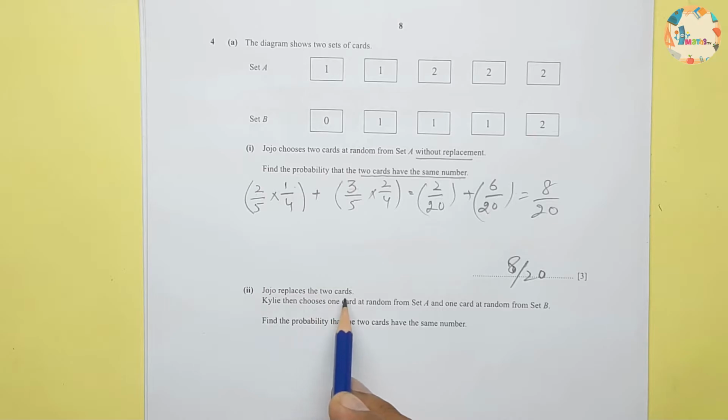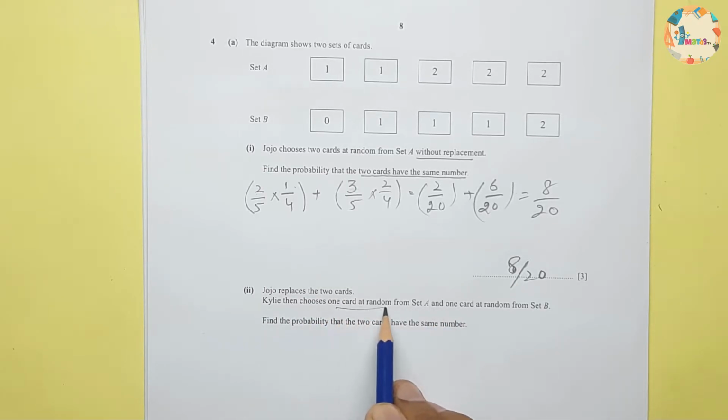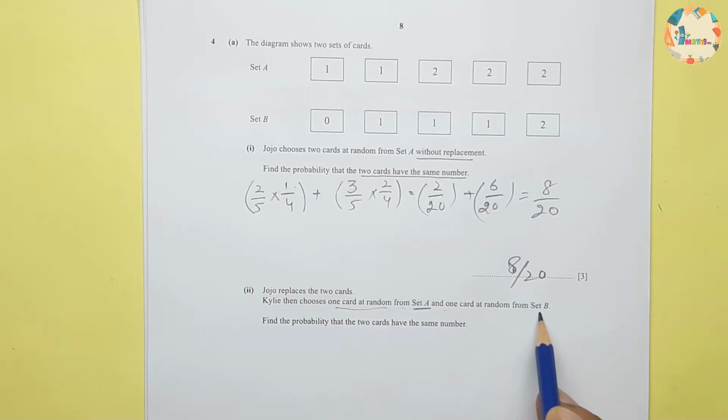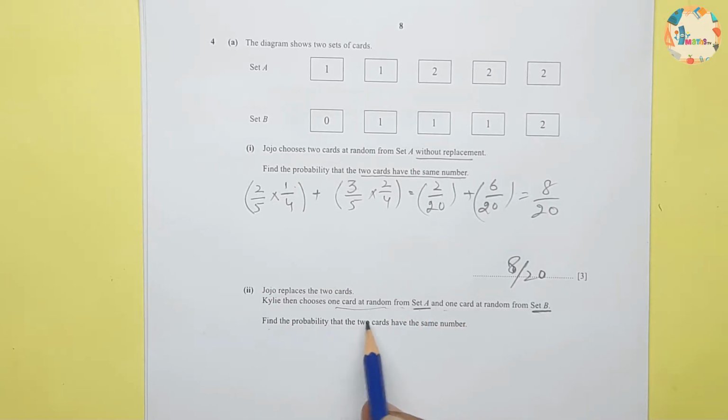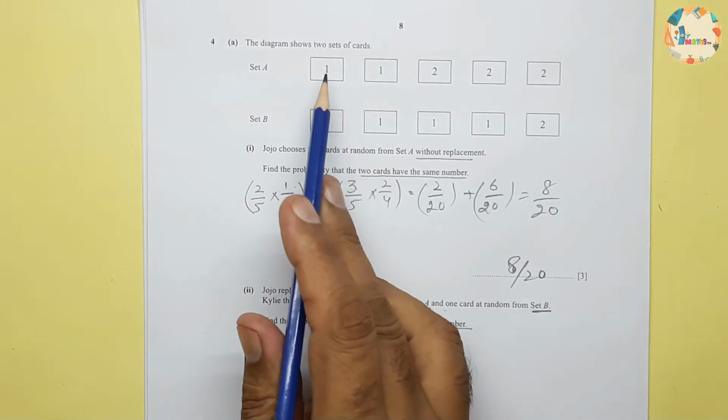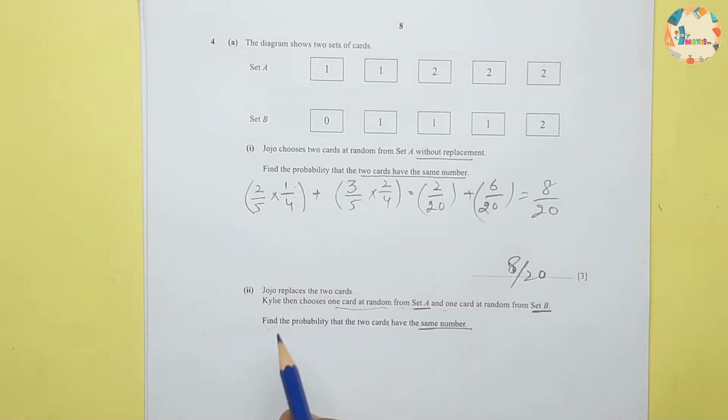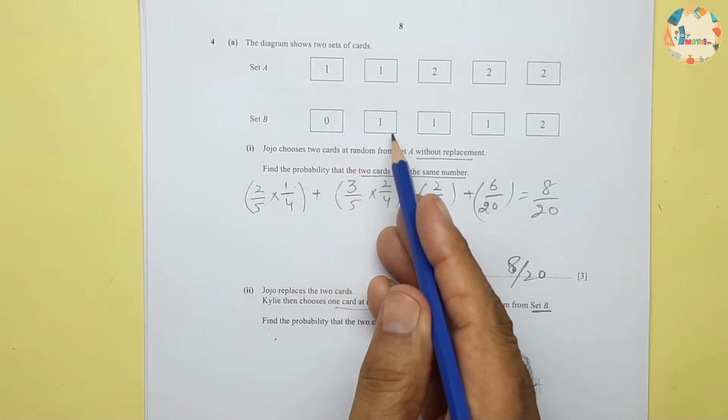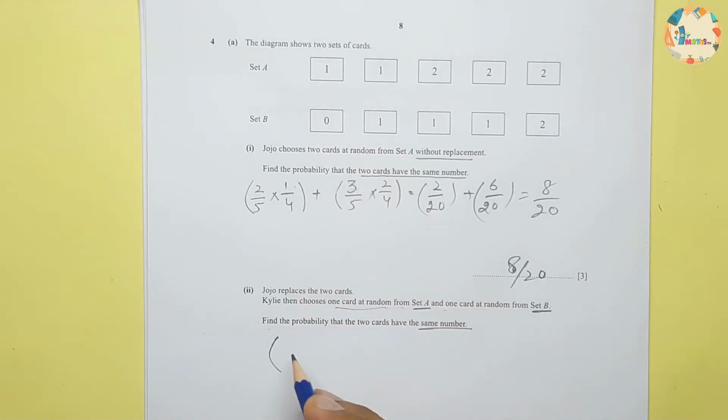Jojo replaces the two cards and randomly picks one card from set A and one card from set B. Find the probability that the two cards have the same number. So one from here, one from here. First, suppose one from here and one from here. So one will have probability of 2 by 5, and from here one will have probability of 3 by 5, so we will write this.